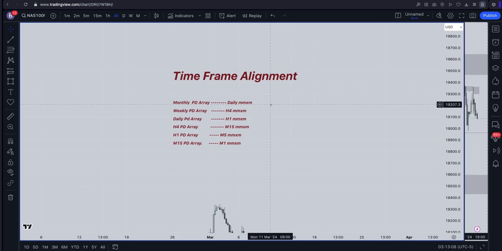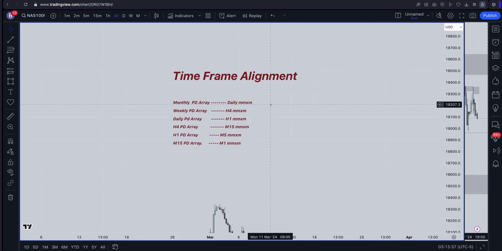If you don't understand what market maker model is, I can use other terms to make it easier for you to understand. Let me put it this way. For time frame alignment, you find those key levels, those order blocks, those fair value gaps.